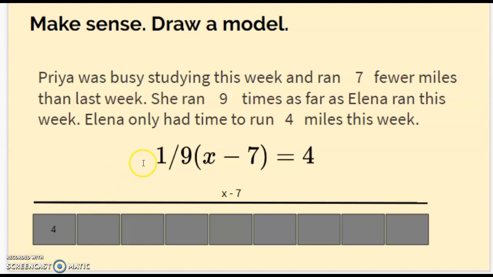The equation is saying 1/9 of the quantity x minus 7 equals 4. In our model, we have x minus 7. And then we have 9 equal parts. We're saying 1 part out of 9 is equal to 4. Does your model look like this?